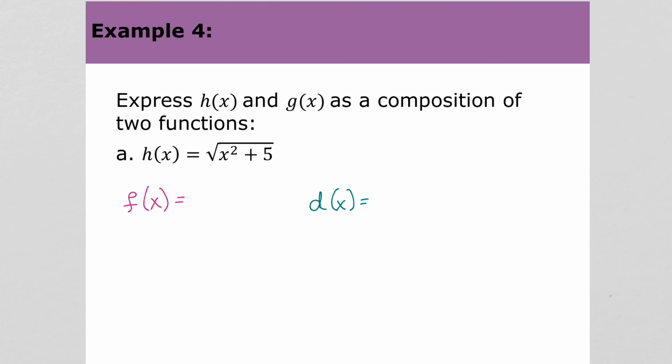So, if we want it to be as if it were f of d of x, then d of x is going inside of f. So the inside is d of x, x squared plus 5. What's left, where did it go into? Just a square root of x. And that's all you have to do.